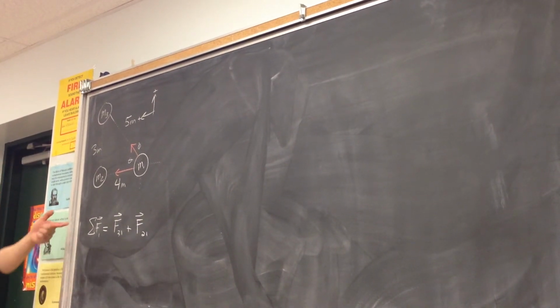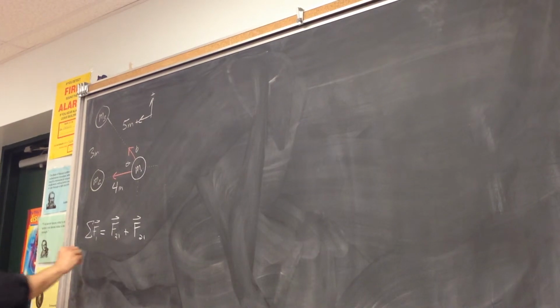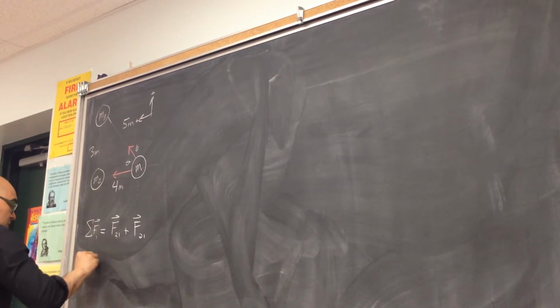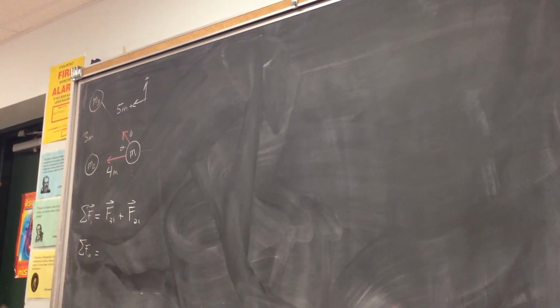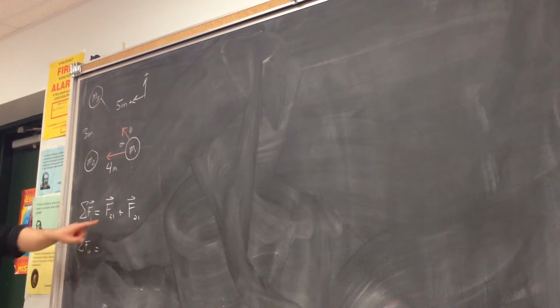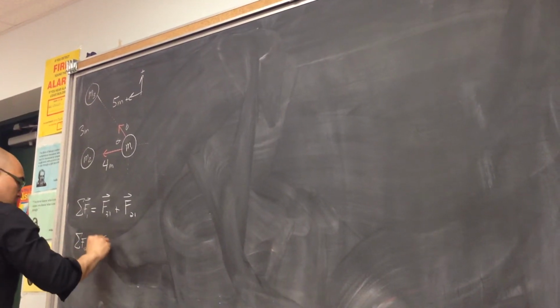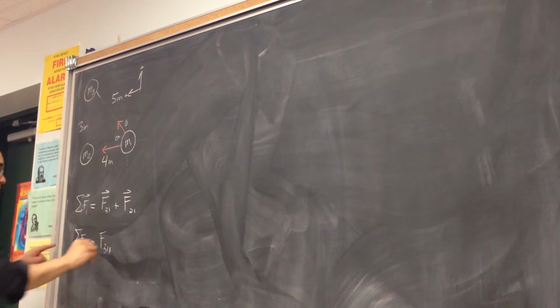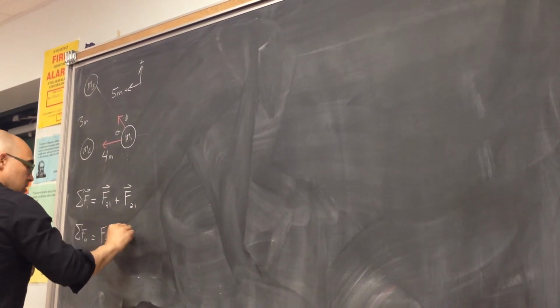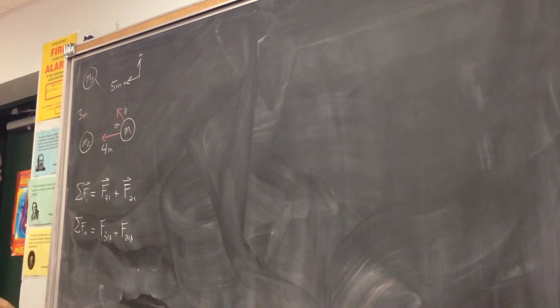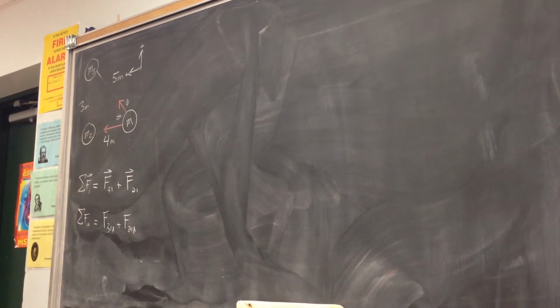All right, and now we're going to write an x and y version of this equation. So the sum of the forces in the x will be F31 in the x plus F21 in the x. That's 3 on 1 and 2 on 1.